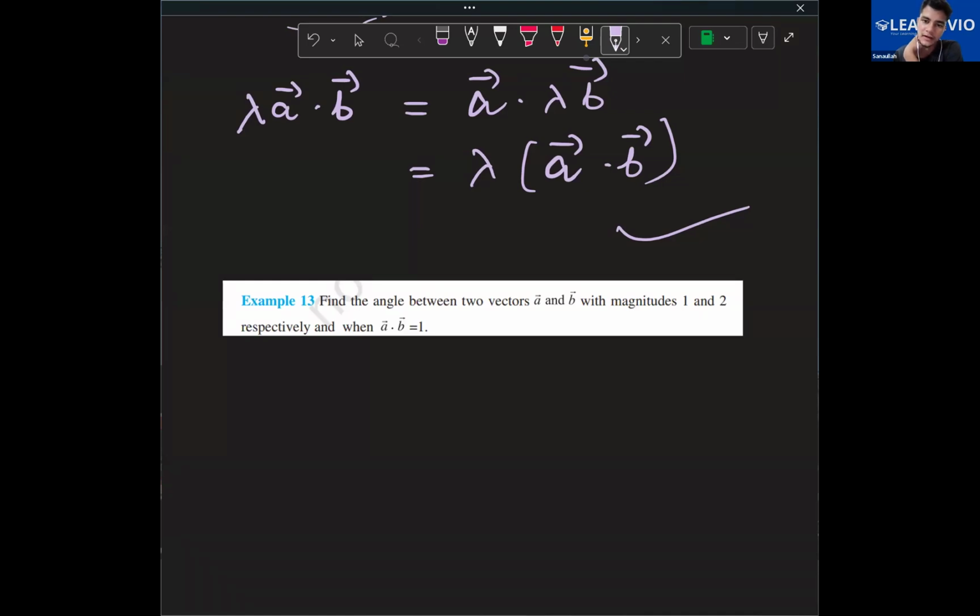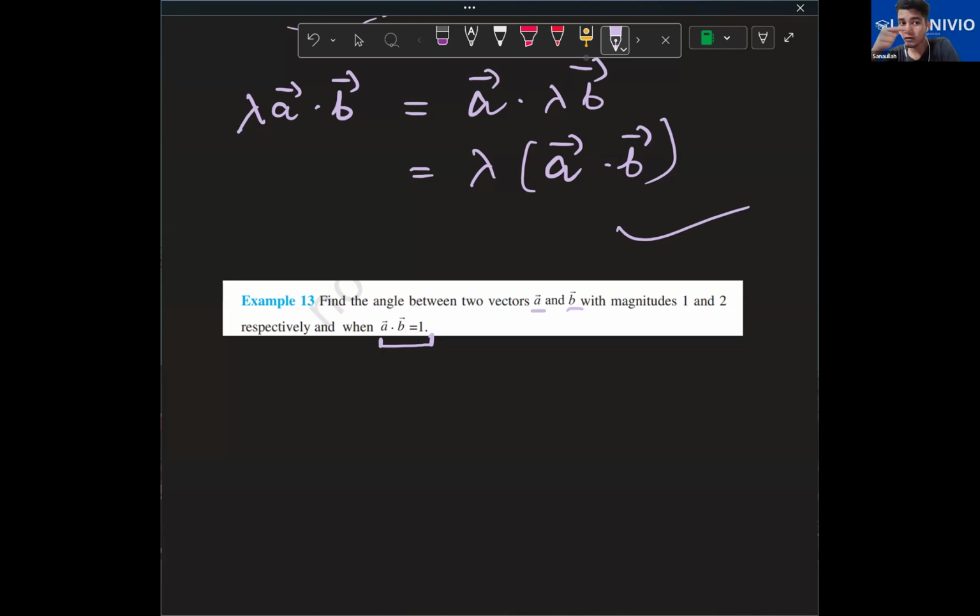In this question, find the angle between two vectors A vector and B vector, whose magnitudes are given respectively, when A dot B is equal to 1. So this is a condition that is already given. You are given a condition of a dot product of two vectors, and the magnitudes are given.